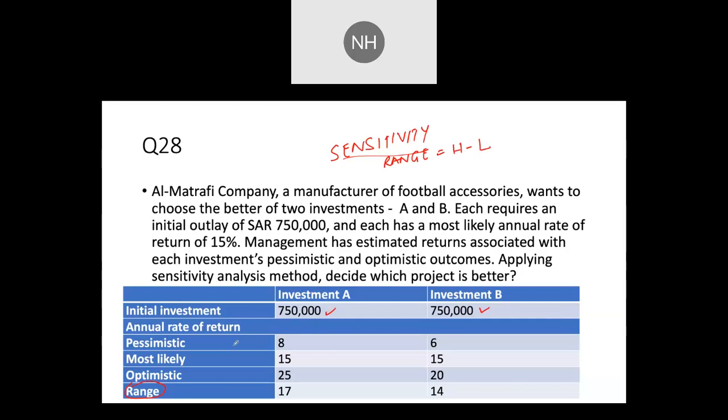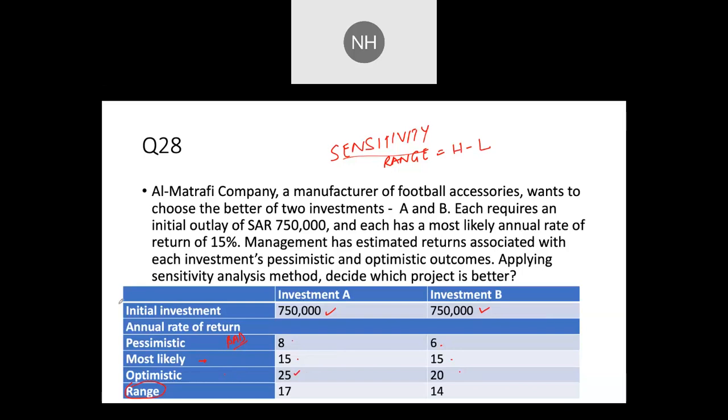Now annual rate of return, pessimistic, yani bad side. Remember this. This is bad thinking that something can go bad. How much will be the return? This is 8% and this is 6%. Most likely, which is realistic, taking all plus and minus, 15, same. And thinking good about the future, 25% for A and 20 for B.